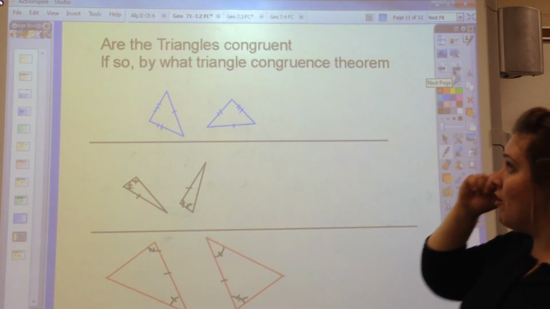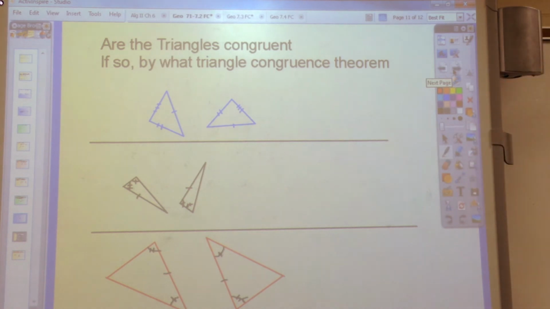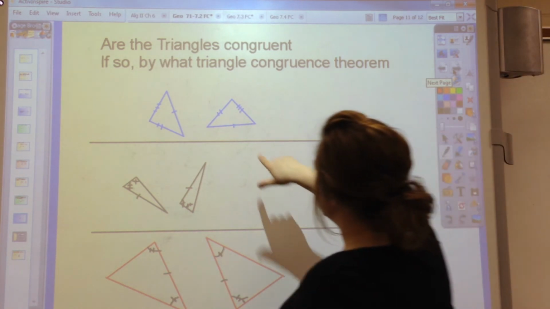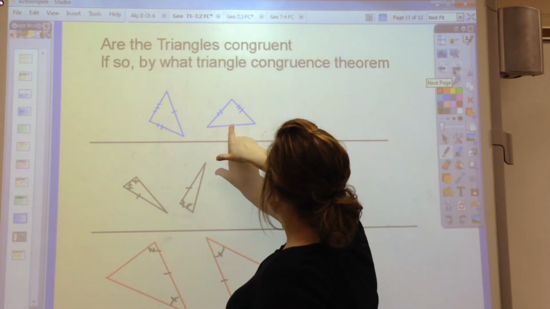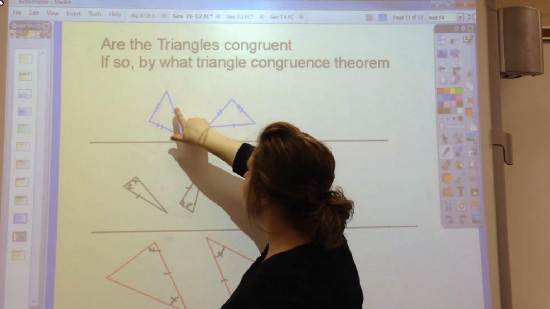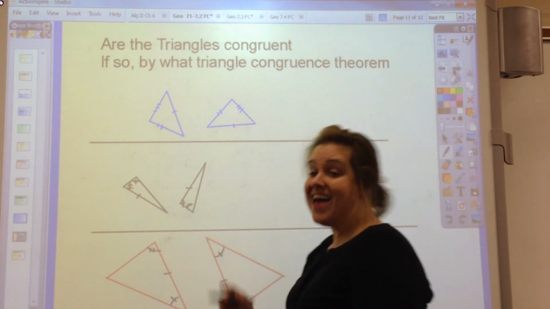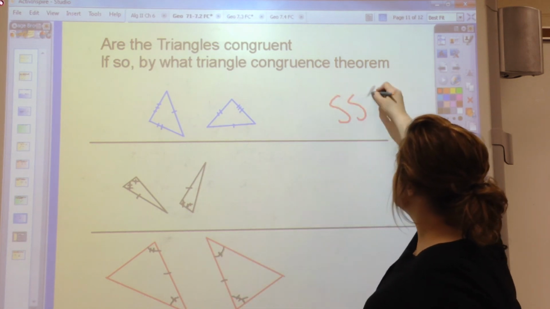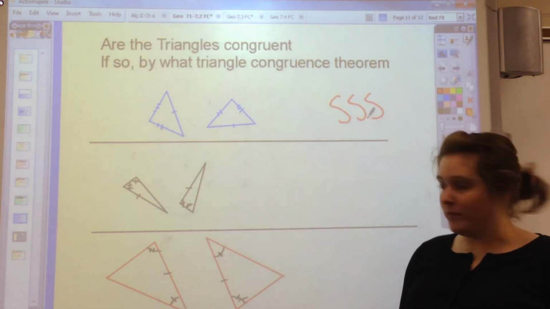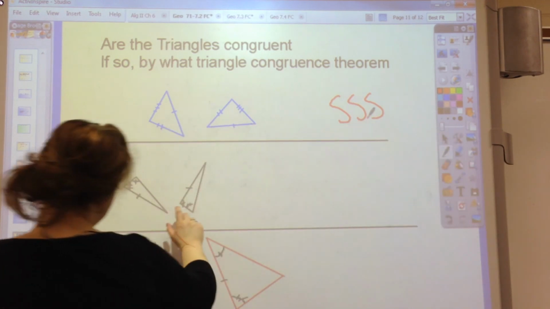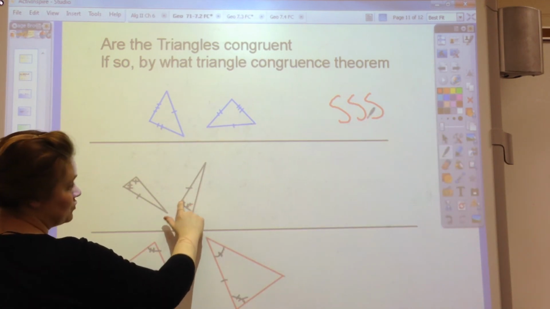All right, so we're going to say, are the triangles congruent, and if so, by what theorem? Right here I have single, double, triple dash mark, single, double, triple dash mark. That's going to be an absolute yes because of the side, side, side theorem. Now here I have double dash mark, single dash mark, side length.